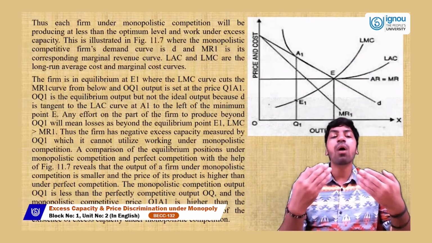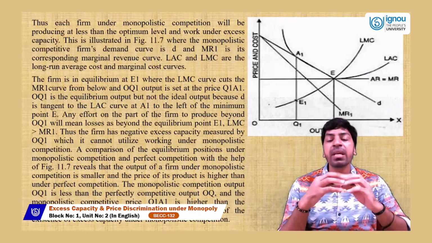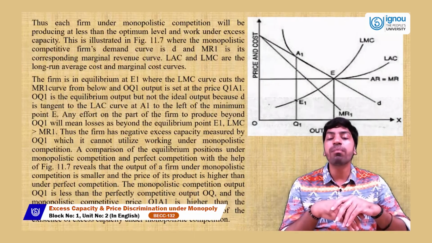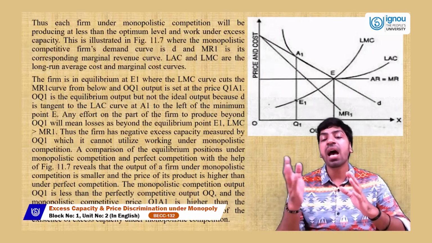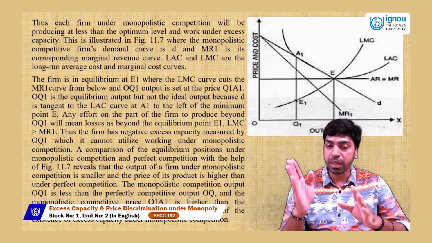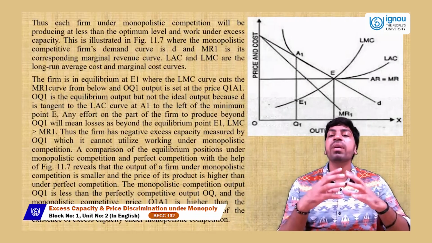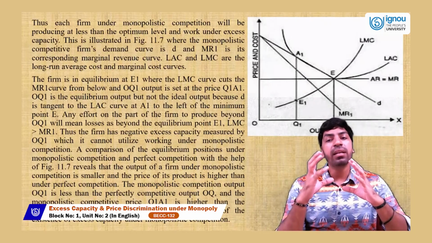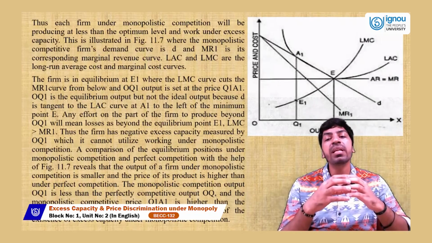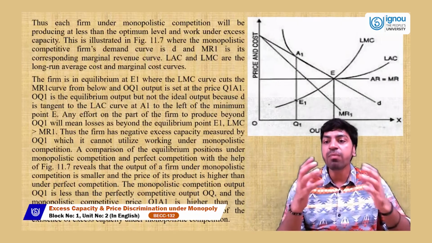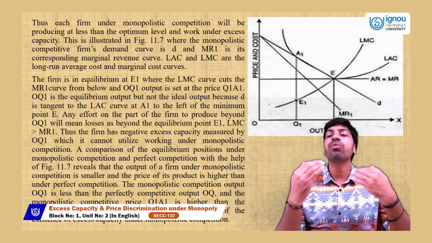So in monopolistic competition the output is less than the ideal output, that is OQ, and the monopolistic competitive price would be Q1 and E1, which is higher than the competitive equilibrium price, that is QE.